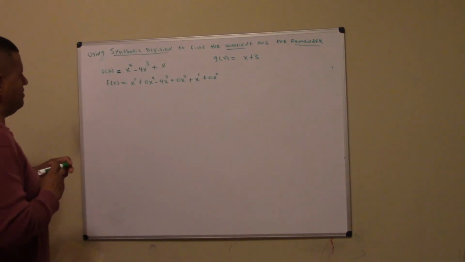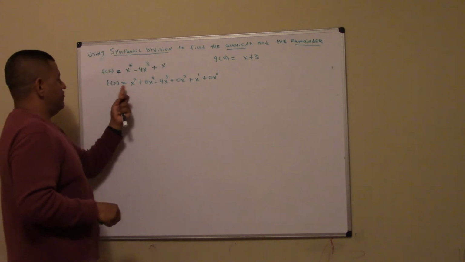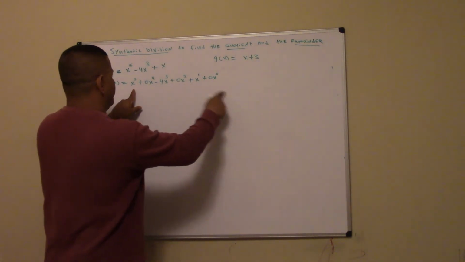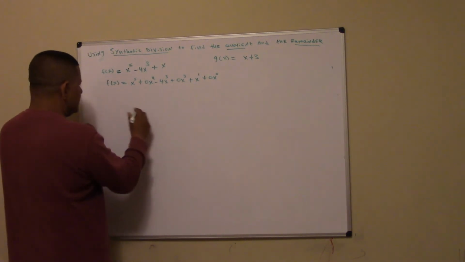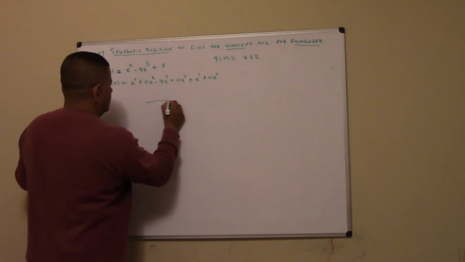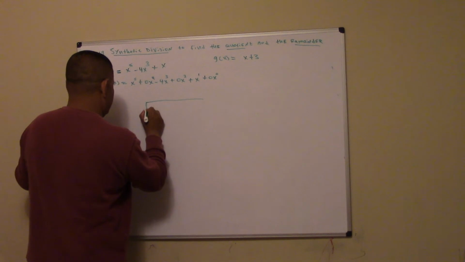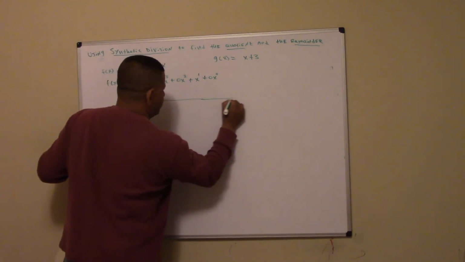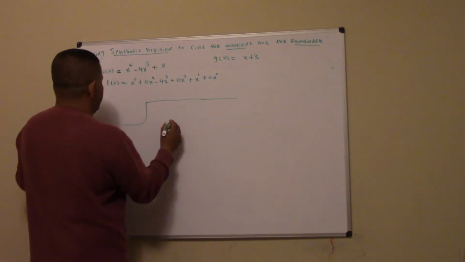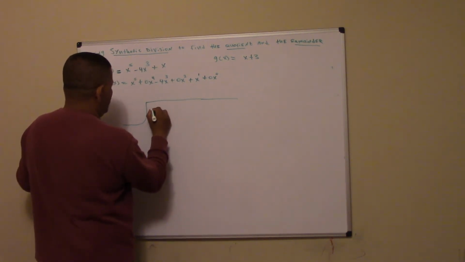Now, remember that my goal is to go from the highest power to the lowest power in descending order. Now, let's do this again. Okay, so I have 1, right?